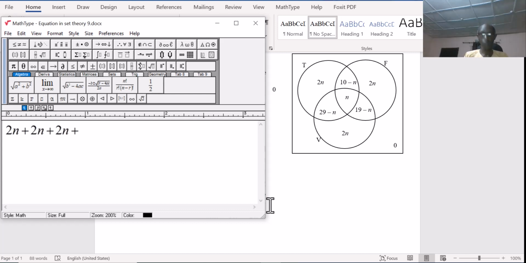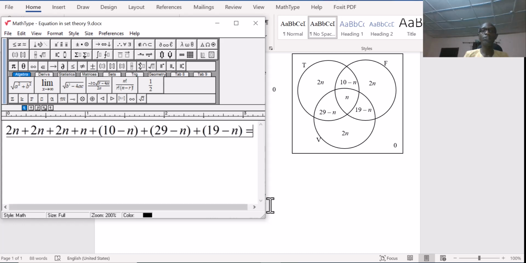Now we have plus n, then 10 minus n, 29 minus n, then 19 minus n. Everything must be equals to 90.